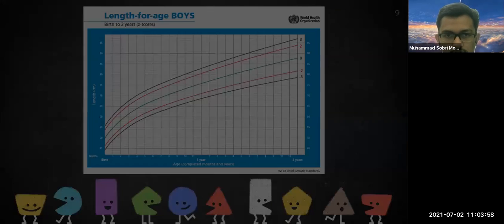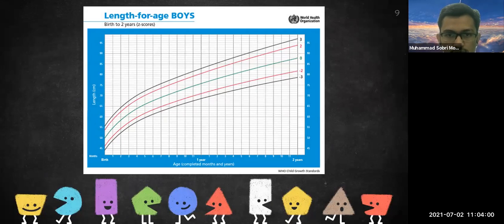So this is the length for age chart for boys. So we can see that 0 is what the normal one should be, and the -2 is -2 SD, also known as the third percentile. Okay. So this is what is meant by third percentile or -2 standard deviation.